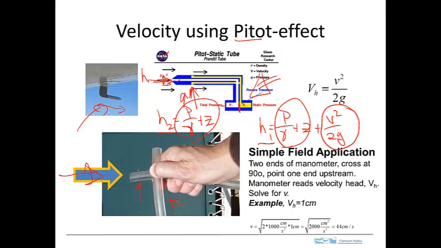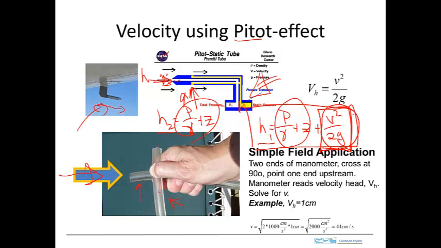Then this one feels the total head with the velocity head, and this one feels the velocity head is 0. And so what you do is hook these two tubes up to a manometer, which I'll talk about in just a second, and it allows you to measure the head difference between these two tubes, and the head difference will be equal to this.